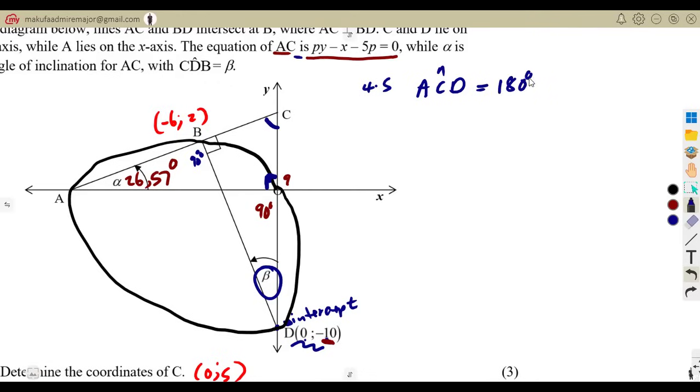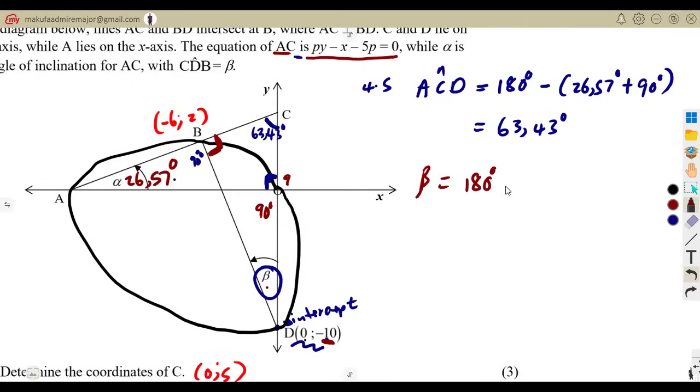So it's going to be 180 minus these two angles, the 26.57 and the 90 degrees, angles in a triangle. That is going to give us 63.43 degrees. This is the angle that we have here, 63.43 degrees.